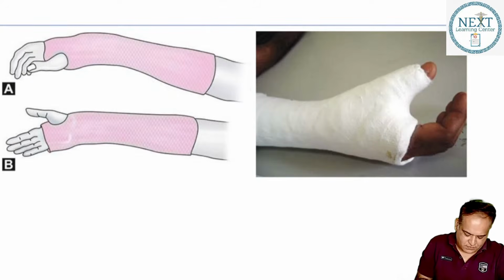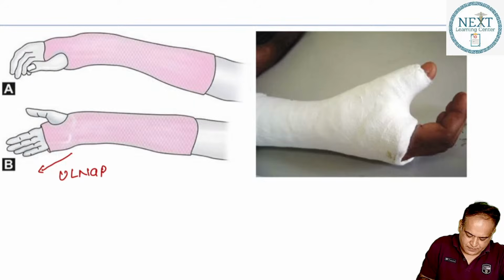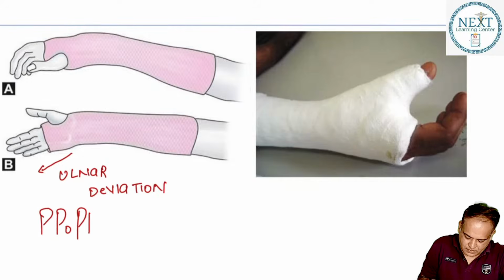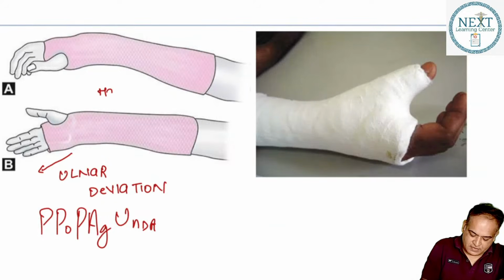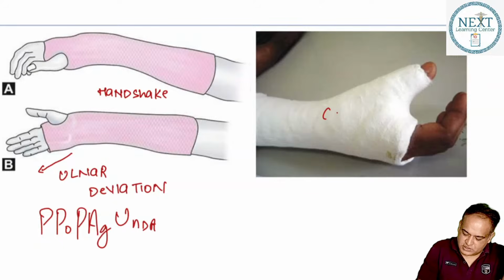So if you can see over here, what do you notice? There is ulnar deviation. Remember the treatment, propaganda, ulnar deviation. So this one is handshake cast, and this one is glass holding cast.